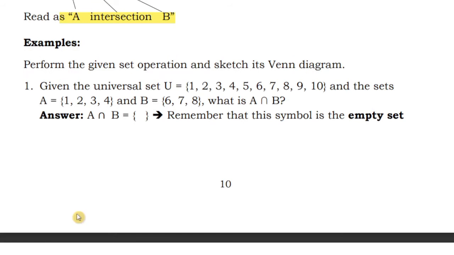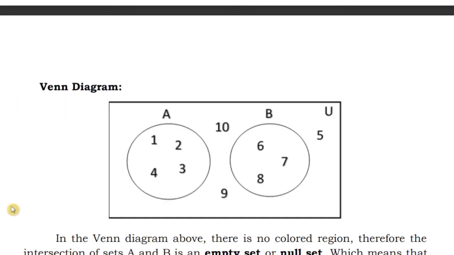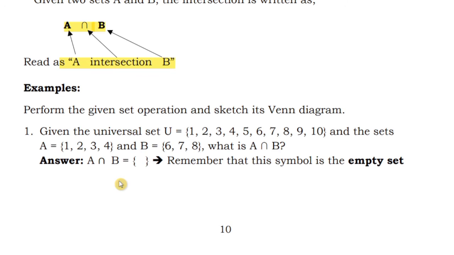So as we go with the example in the previous Venn diagram, perform the given set of operations and sketch its Venn diagram. So in this Venn diagram, they don't have any common elements. So this is what you call a disjoint set.